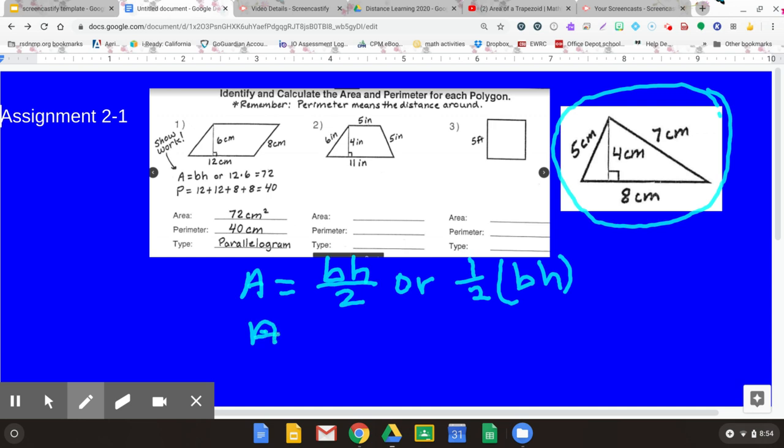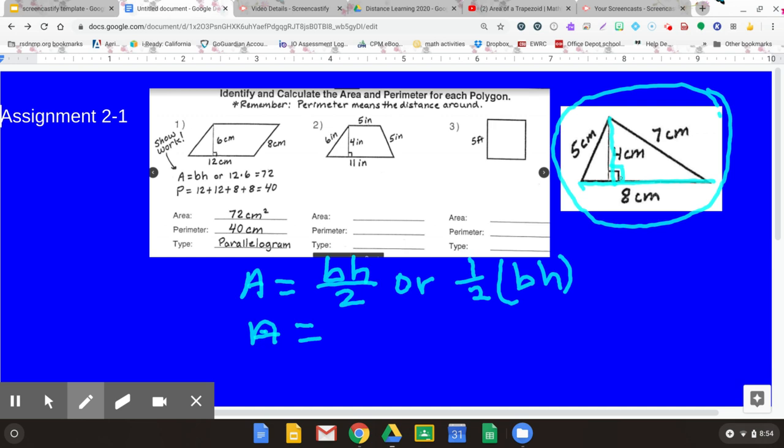So my base here is 8 and the height is 4. Remember, if you aren't given the height of a triangle, then you can't find the area. So they gave us the height here of 4.